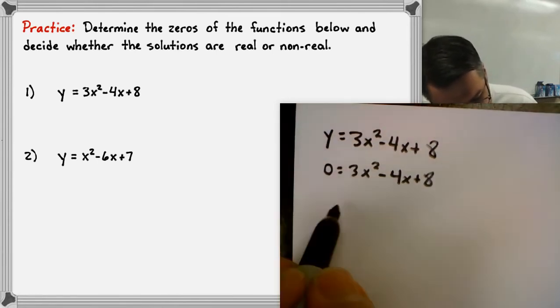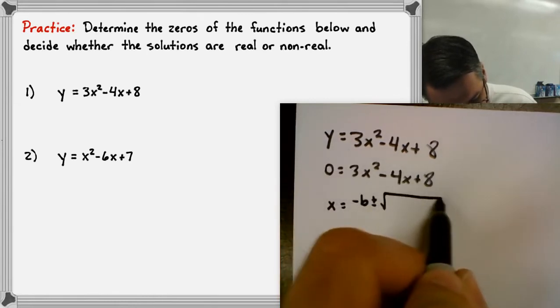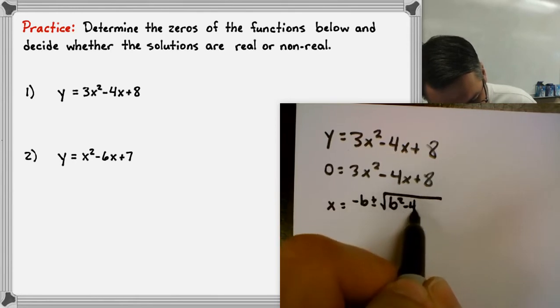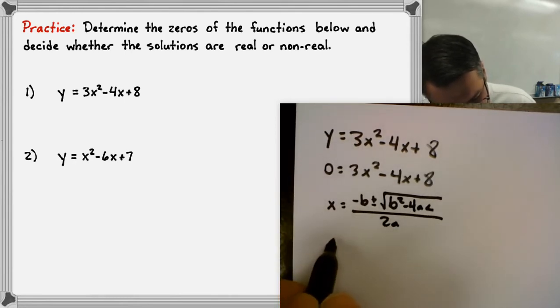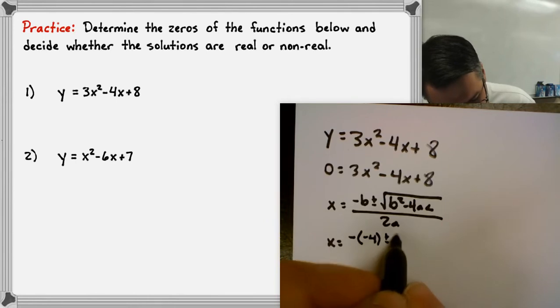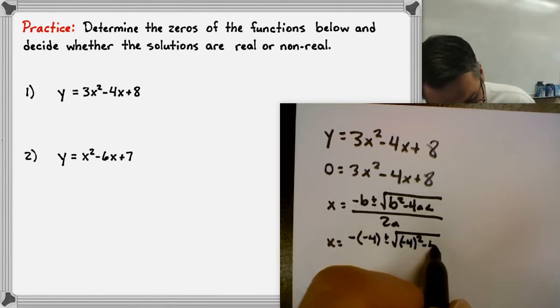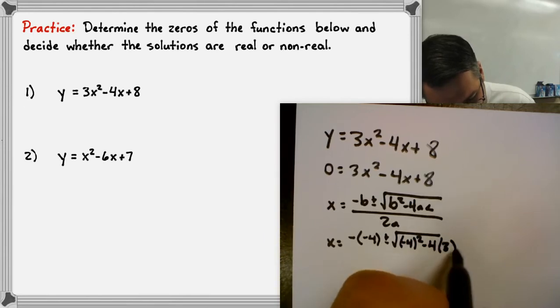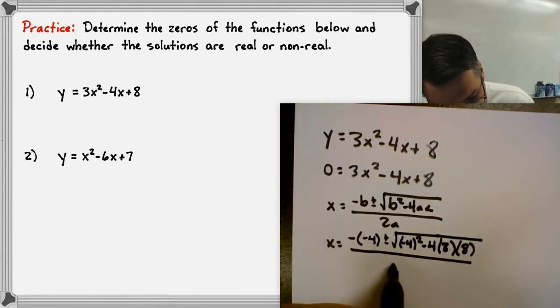So, quadratic formula, we would say x equals negative b plus or minus the square root of b squared minus 4ac all over 2a. And then we'll plug our values in. So x equals negative, parentheses, b is negative 4, plus or minus the square root of negative 4 squared minus 4 times 3 times 8 all over 2 times 3.